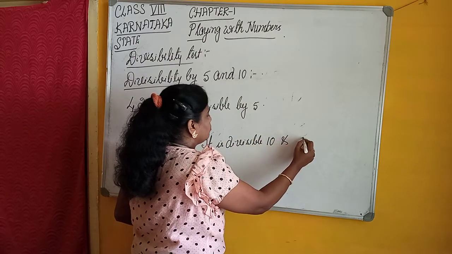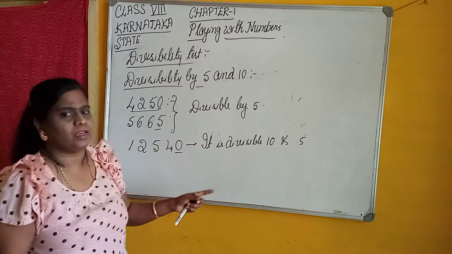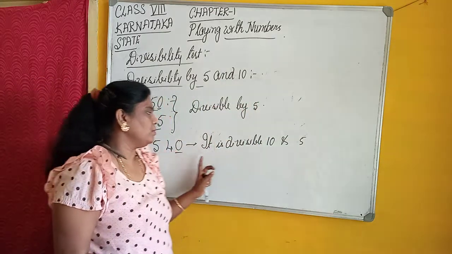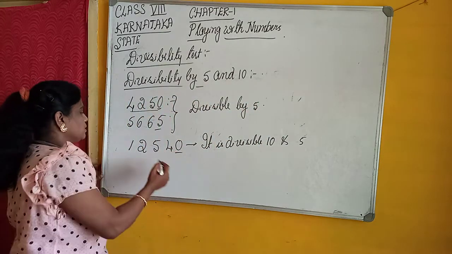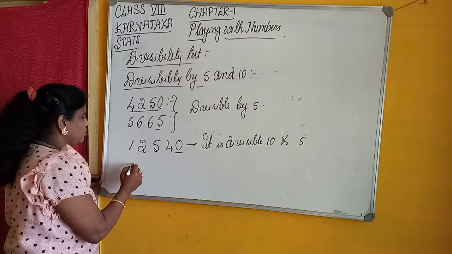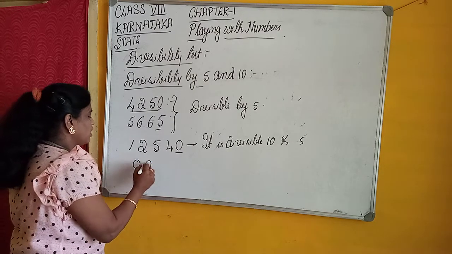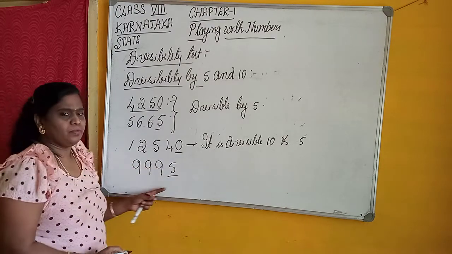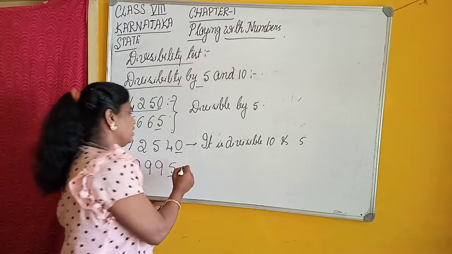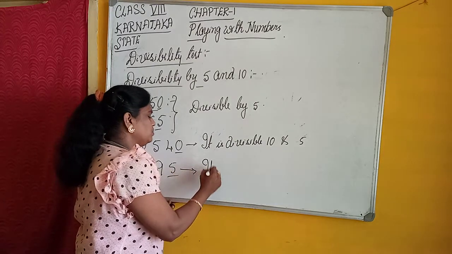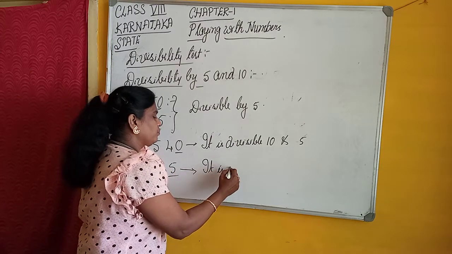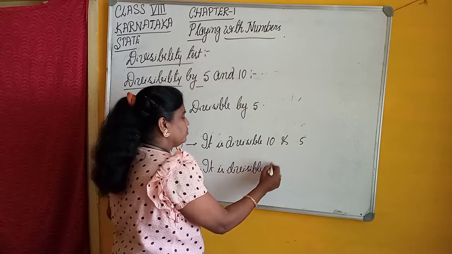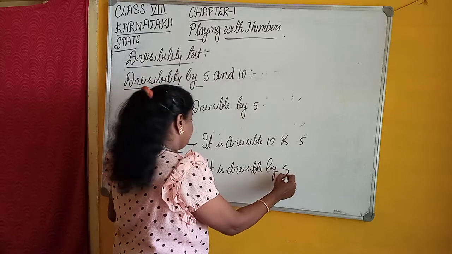It is divisible by 10 and 5 also, because for 5, any number that ends with 5 or 0 is divisible by 5. For example, if you take another number, 9995, the last digit is 5, therefore it is divisible by 5.